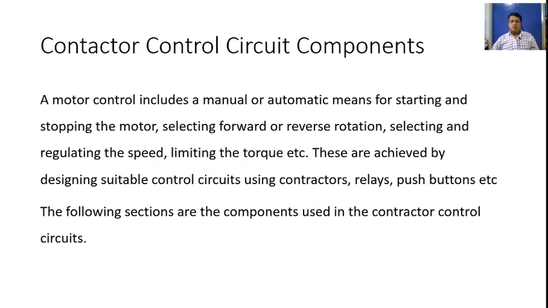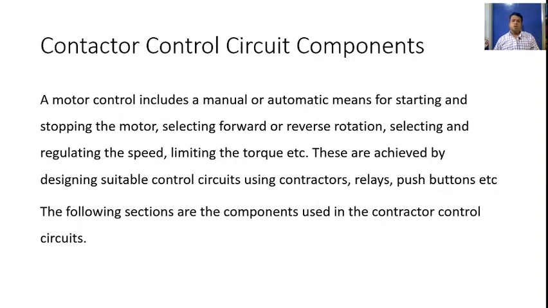What are these circuit components that should be controlled for a motor? They are nothing but the speed of the motor, the starting, the stopping, and also the reverse and forward rotation of the motor. These are to be achieved by designing suitable control circuits using contactors, relays, push buttons, etc. These components play a very effective role in motor control.